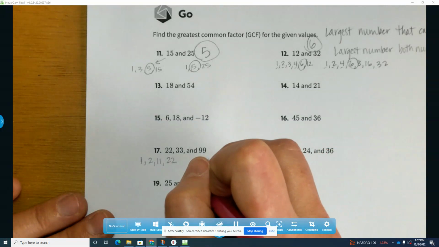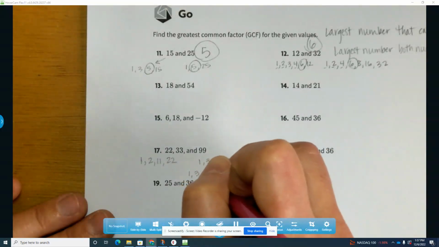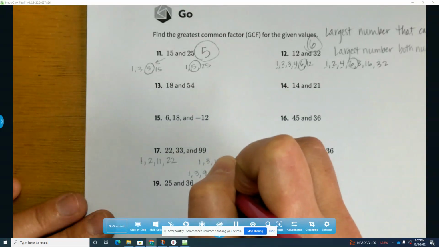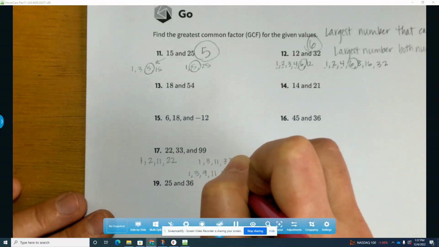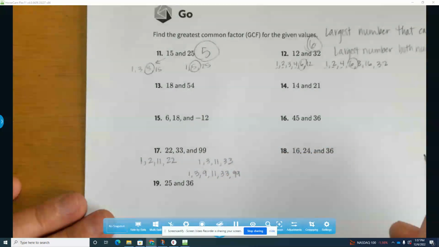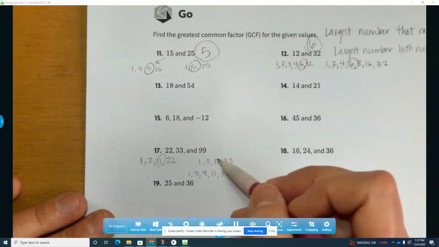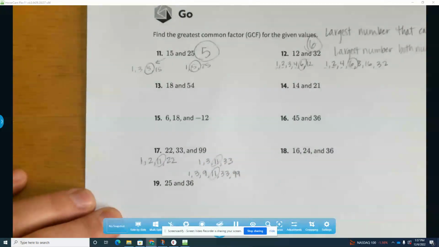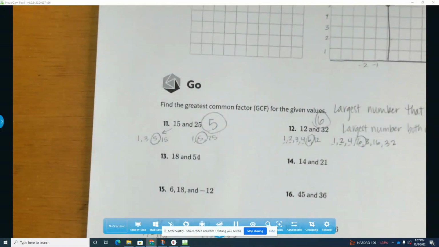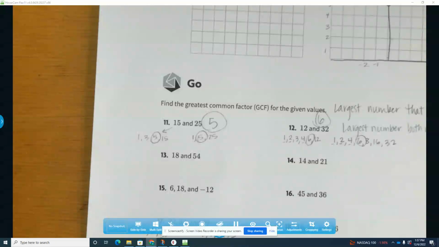And then 99 is divisible by 3 and 9 and 11 and 33 and 99. So we're going to look for the biggest one they all share, and it is 11. That's what the Go is asking you to do. And then once you're done with 19, that's the end of the RSG. And that is all.